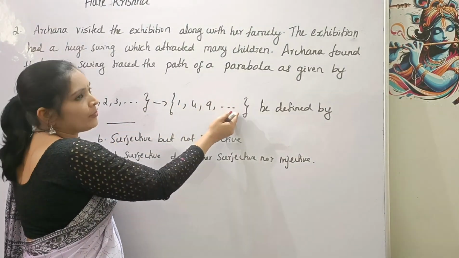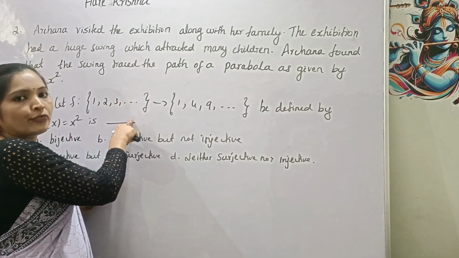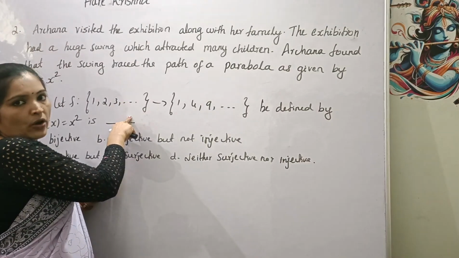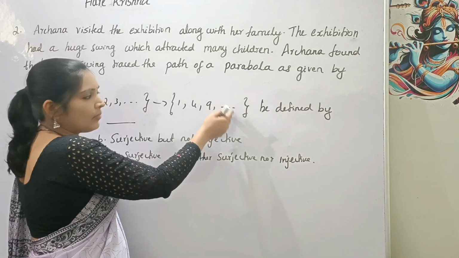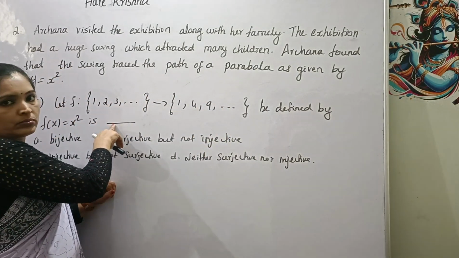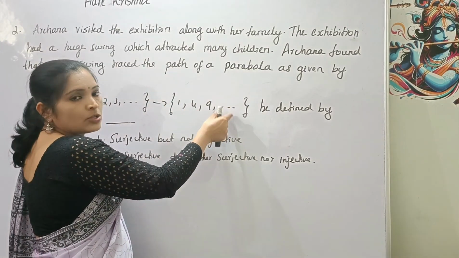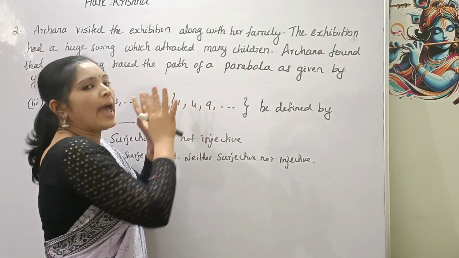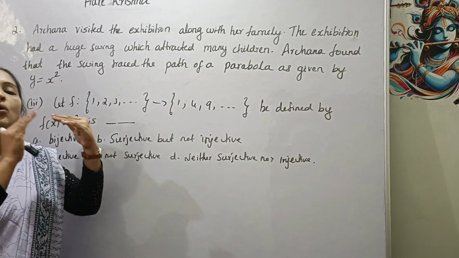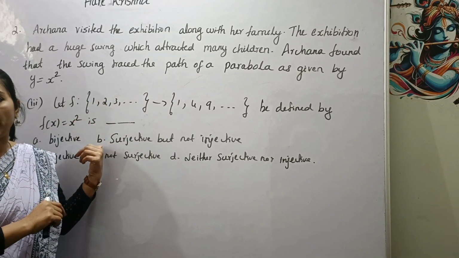So, let's take 25. Square root of 25 is 5. It is in the domain, right? And 16. Square root of 16 is 4. 81. Square root of 81 is 9. So, here all the elements of the codomain have preimages in the domain.